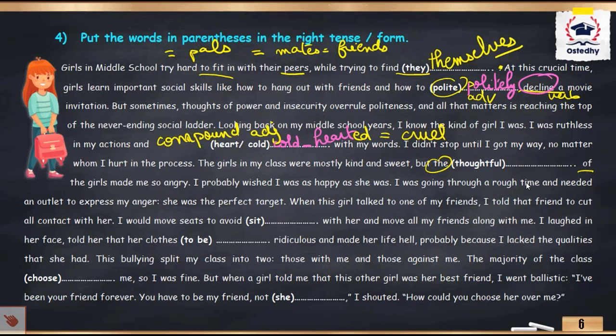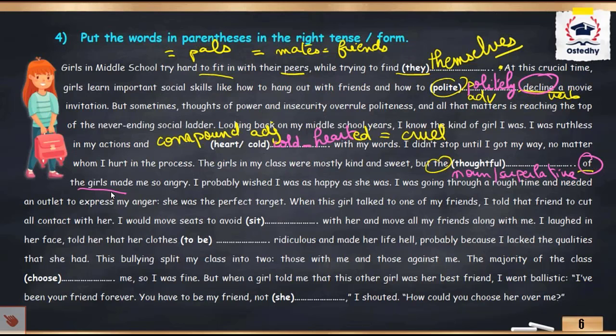Then I have to understand what I have after that. So the, of the girls, that means the one who is having a criterion in there. So I don't need a noun, I will need a superlative. So what do I write there?